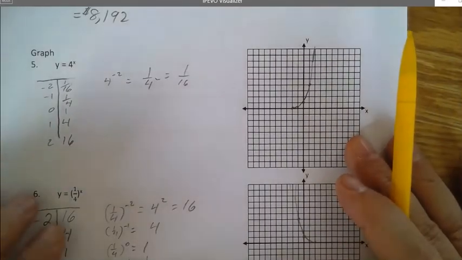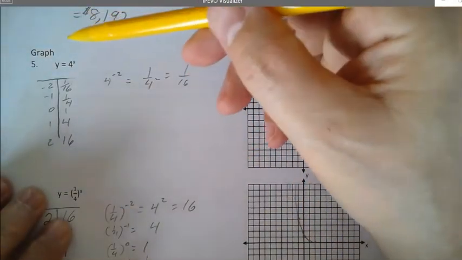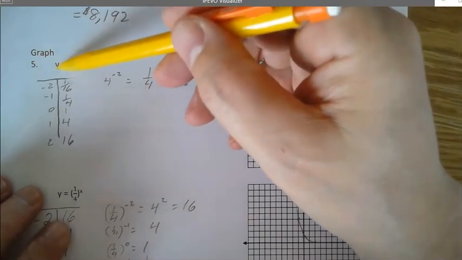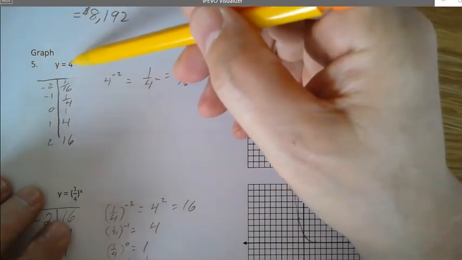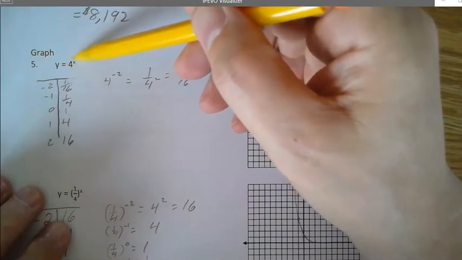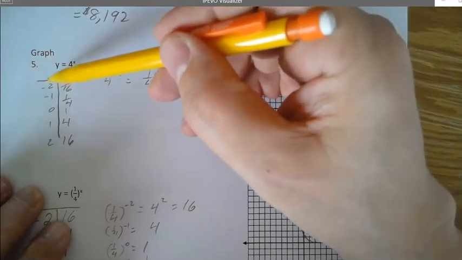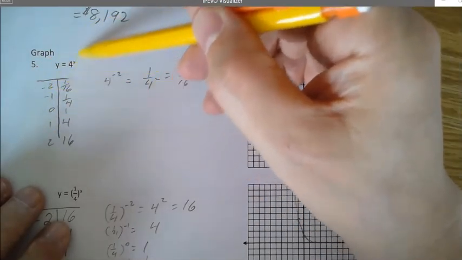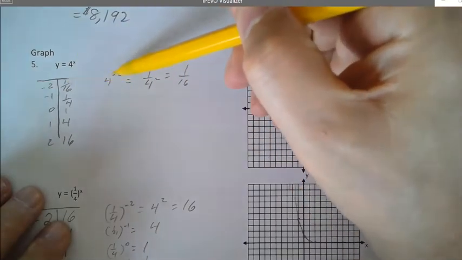Number 5, we want to graph this. So on number 5, y is equal to 4 to the x power. Again, negative 2, negative 1, 0, 1, 2. When you put negative 2 in here, remember that's going to flip it.